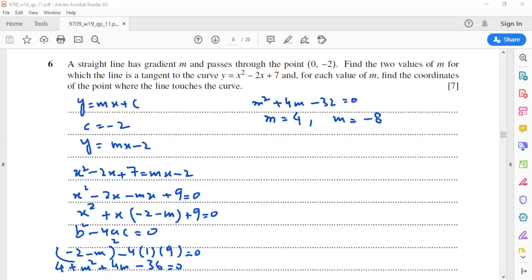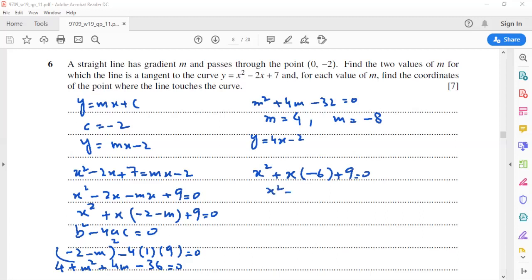Now it says for each value of m, find the coordinates of the point where the line touches the curve. Let's check for m = 4 first. So y = 4x - 2. This 4 can be placed in the equation, so x squared + x into (-2 - 4), which is -6, plus 9 equals 0.